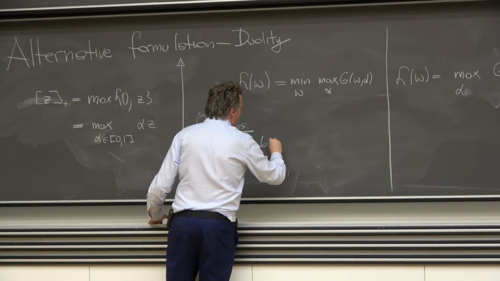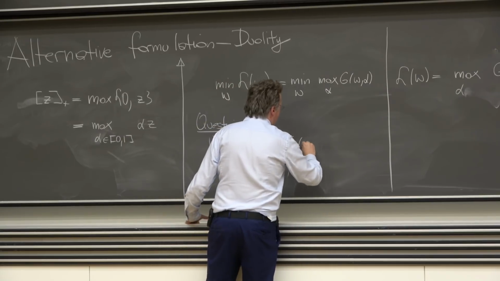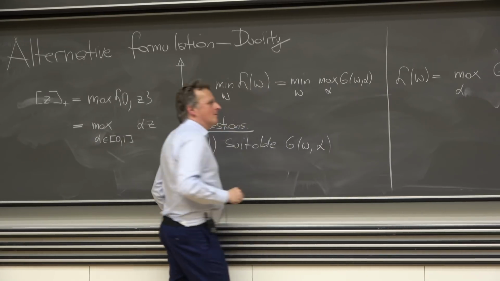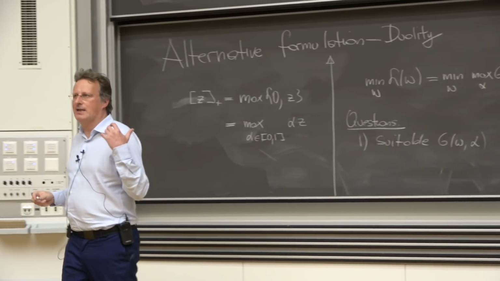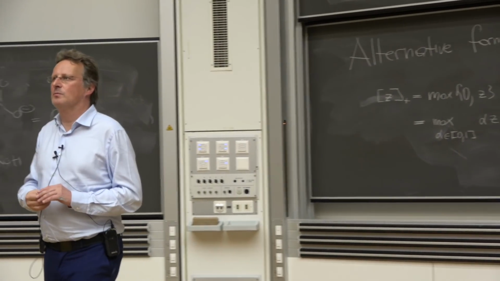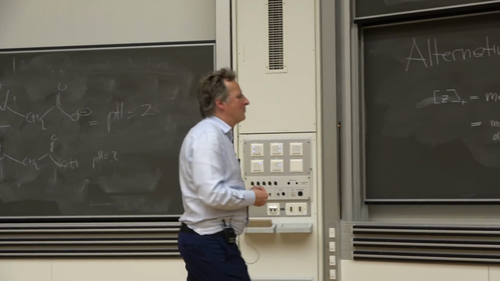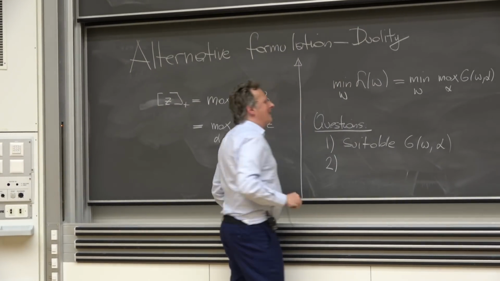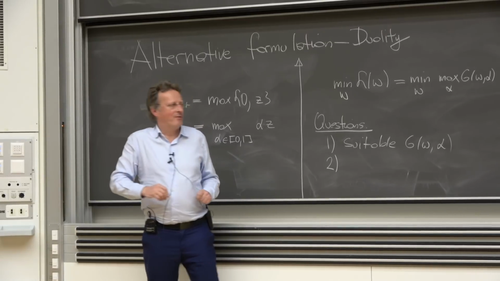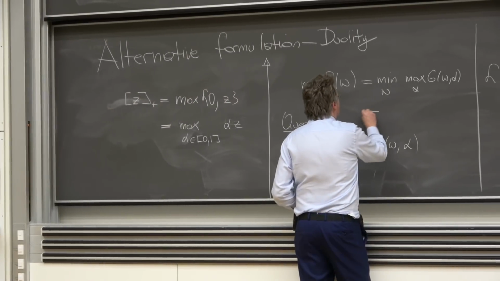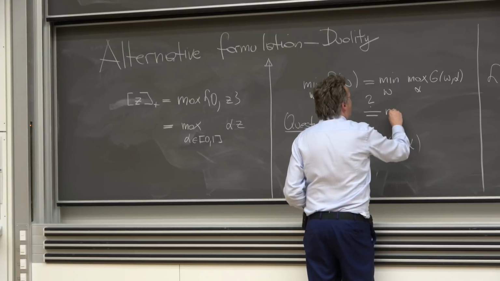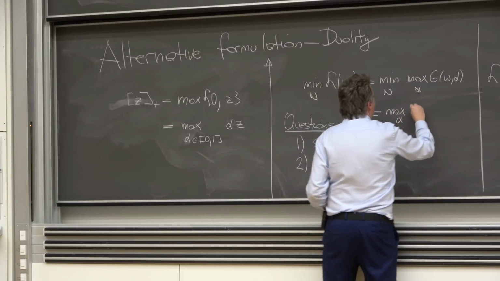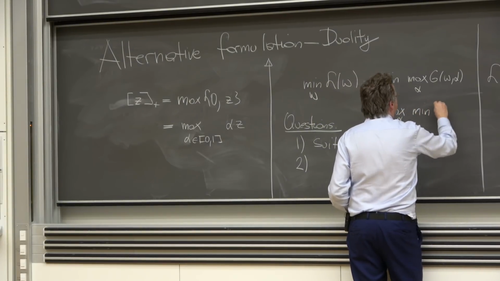So what would be a suitable g of w and alpha? Right? I give you a formulation. How would you pick a suitable alpha? And what does it even mean to be suitable? Two, well, the one hope we could have is the following. Perhaps this is equal to the following.